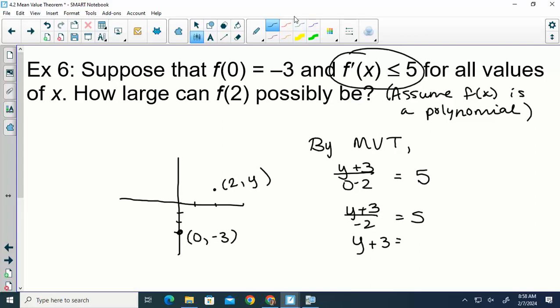Hold on, I flipped something, didn't I? Shouldn't this be 2 minus 0 on the bottom? Because I did my y value first. So that would be a positive 2. So y plus 3 equals 10. So y equals 7.